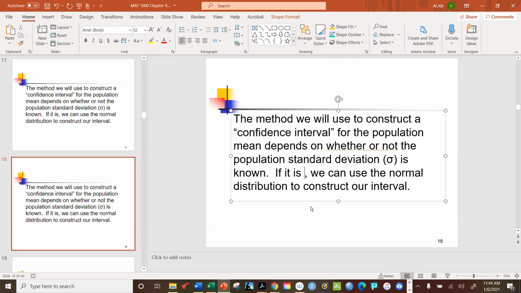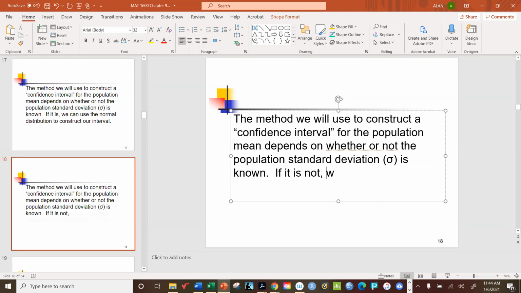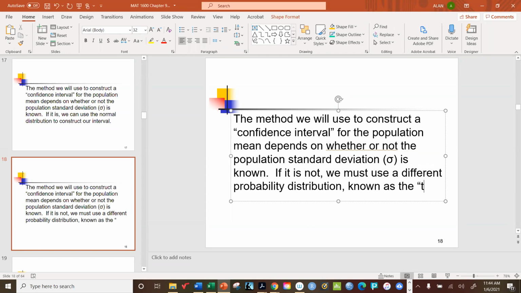If it is not known, we must use a different probability distribution, and I'll tell you right up front, it's known as the t distribution, also known as the student's t distribution.